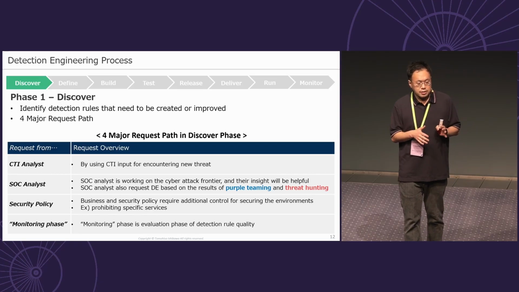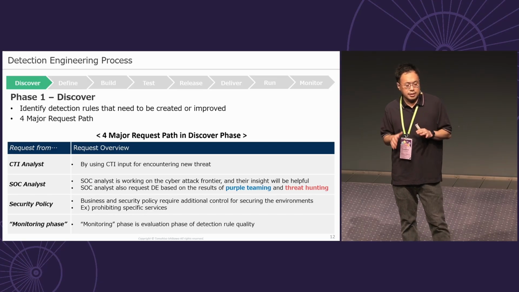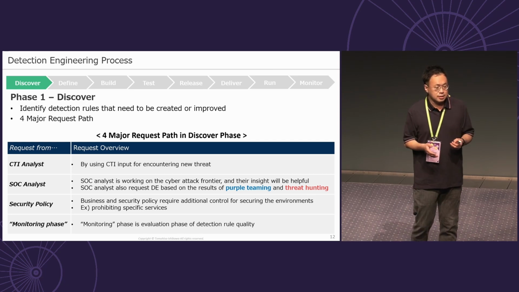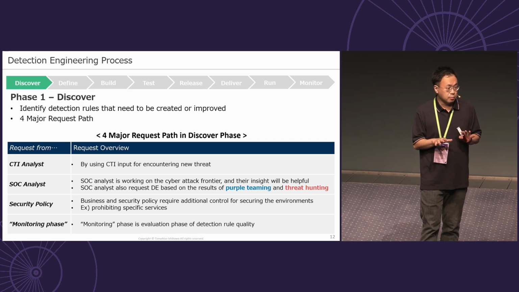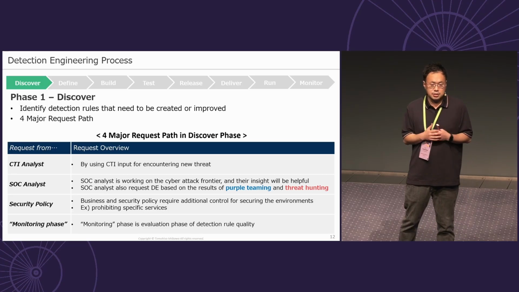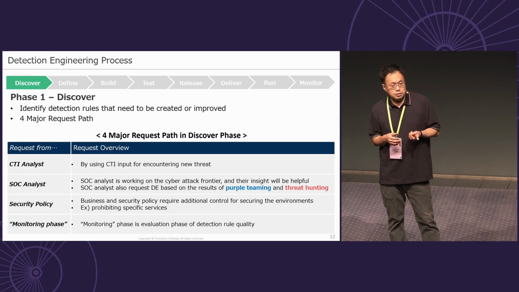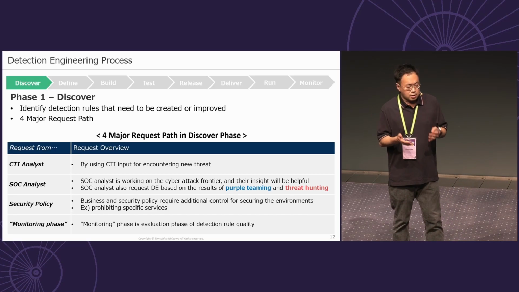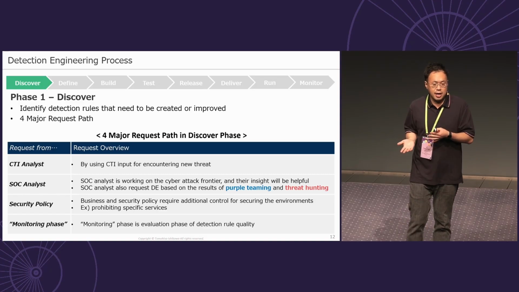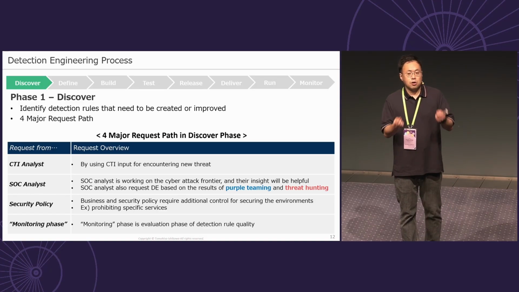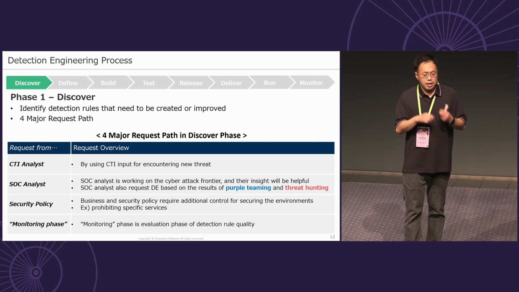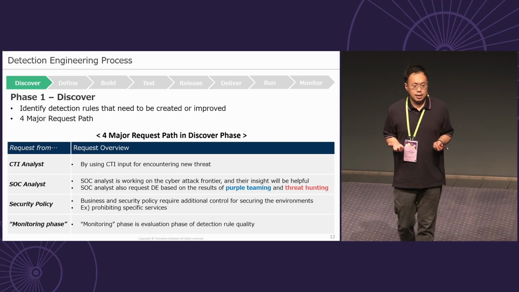SOC analysts work on the cybersecurity frontier, so their insight is very valuable and helpful to build the detection code. Also, SOC analysts may be involved in purple teaming and threat hunting. This feedback is also very beneficial as input to the discover phase.